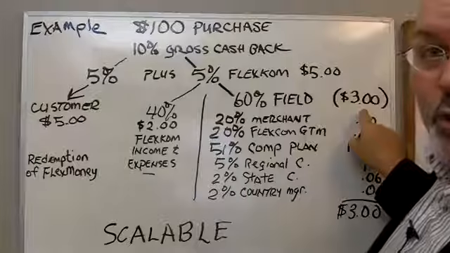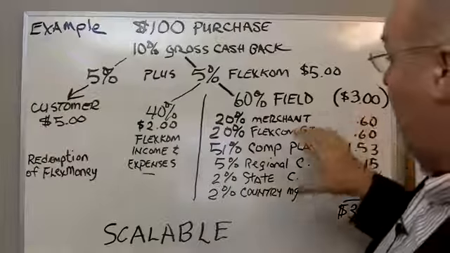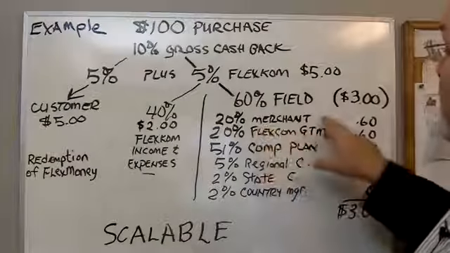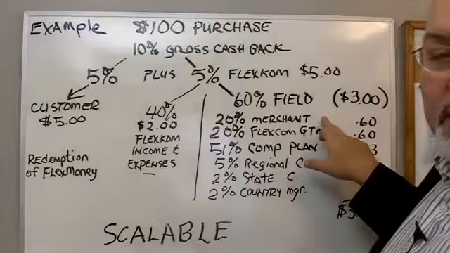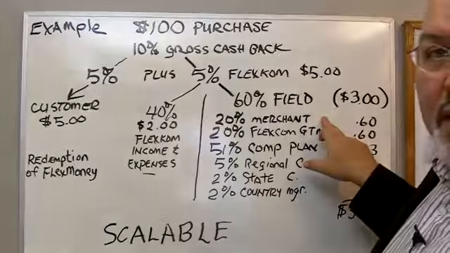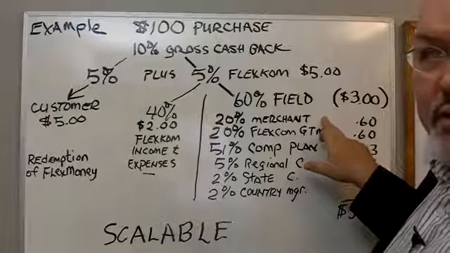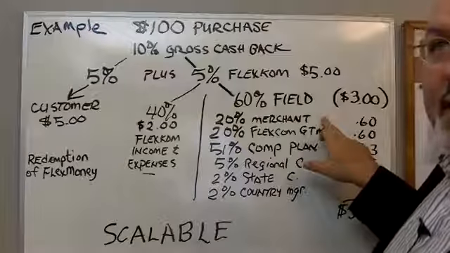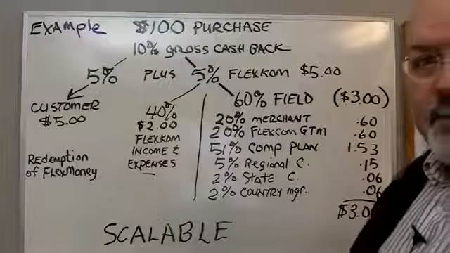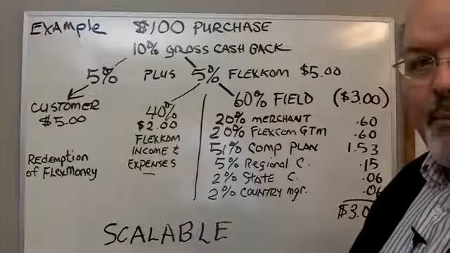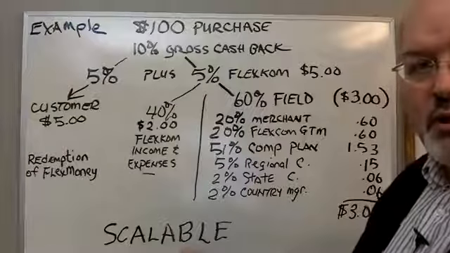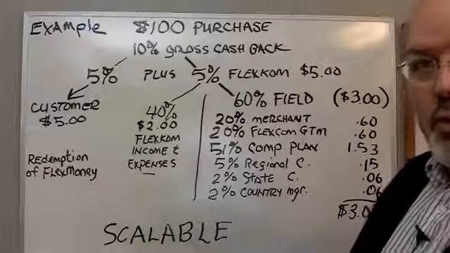And here's how it's apportioned. Here's how it goes out into the field. 20% goes to the merchant. These are the commissions that the merchant's making off of the purchases that all of the card holders, all of the app holders that he has sponsored, that he's given away the app to, make when they go out into the community.